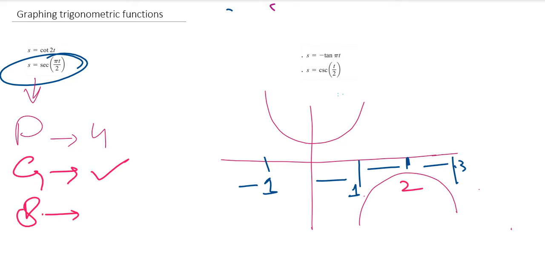So now over here we need to see the symmetries. You can see the symmetry about the y-axis, symmetric about the y-axis.